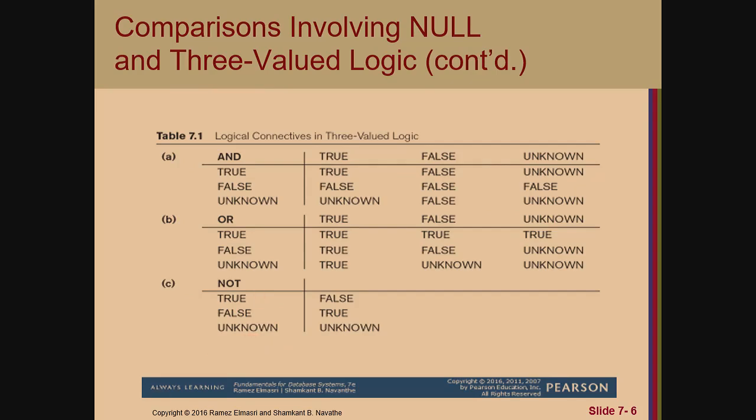And here is a table to show the results when we use the operations AND, OR, and NOT. When we compare true and true, we get true. False and true, we get false. Unknown and true, we get unknown.